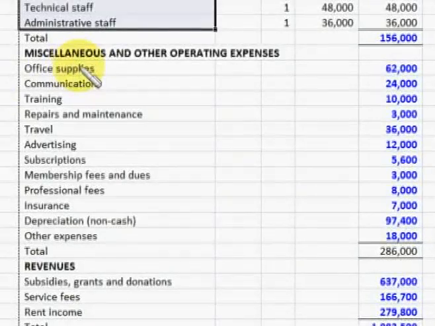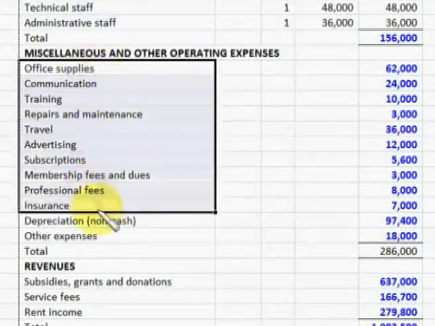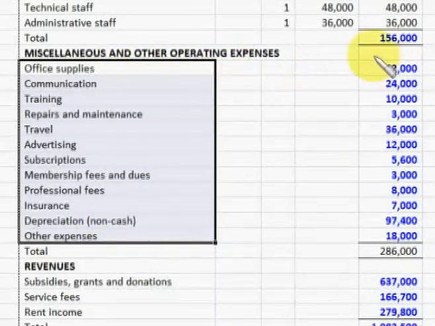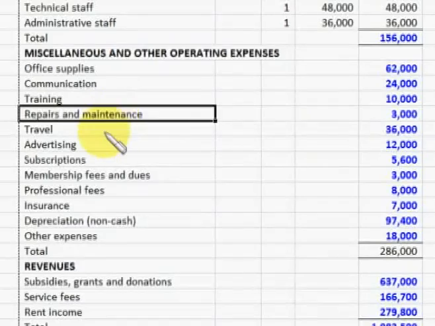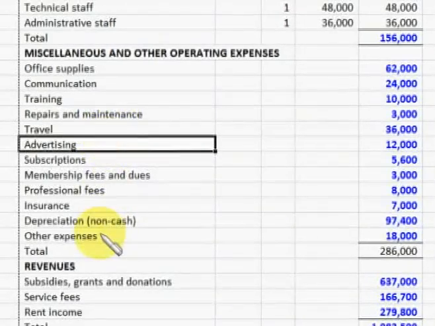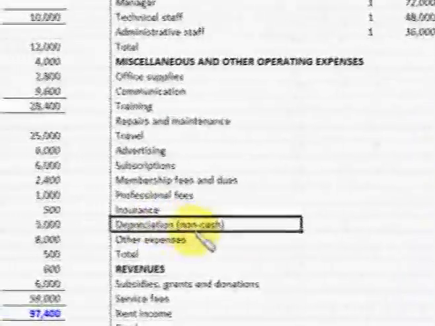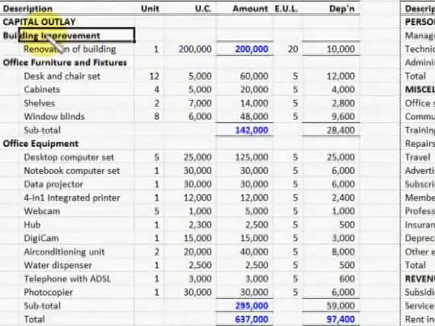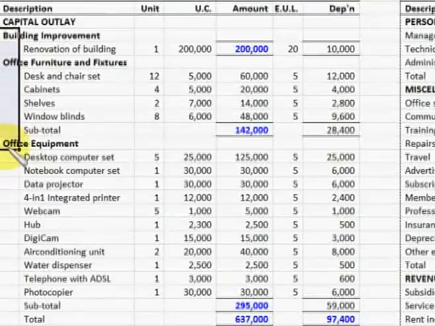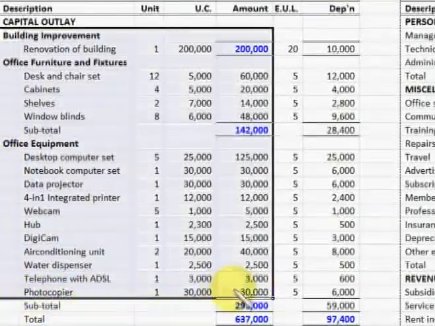And for the operating expenses, these are the common items that we usually spend for the operation of our CECs. We need to have some supplies. We need to pay for communication. This is for the telephone connection and the broadband connection for internet, training, repairs and maintenance, travel, advertising, and so forth, including the non-cash expenditure of depreciation, because these capital outlays, building improvement, office furniture and fixtures, are depreciable assets.